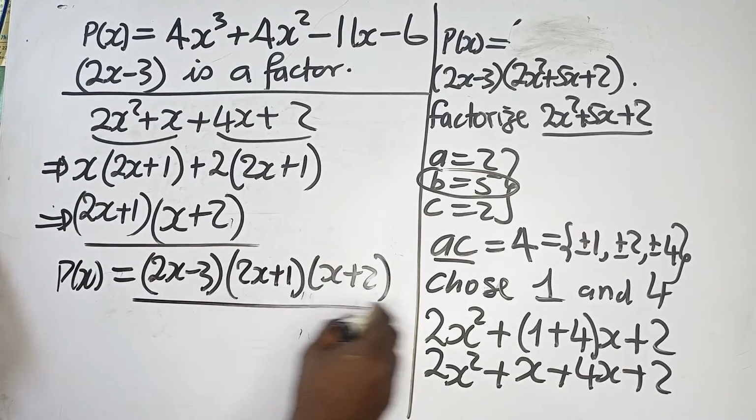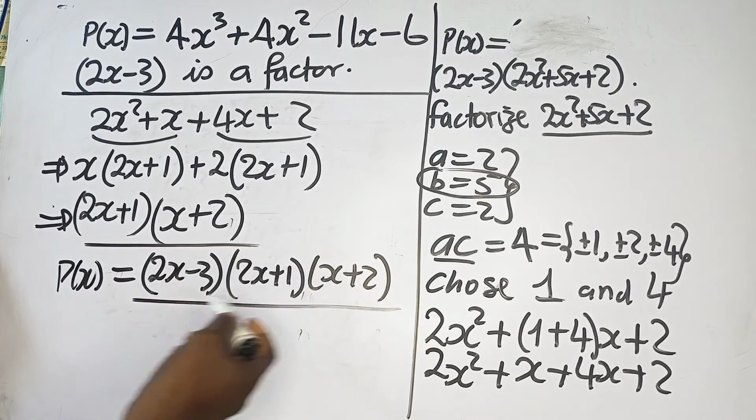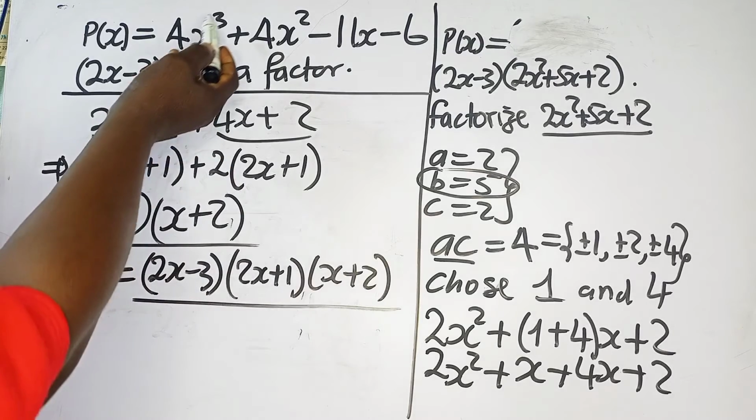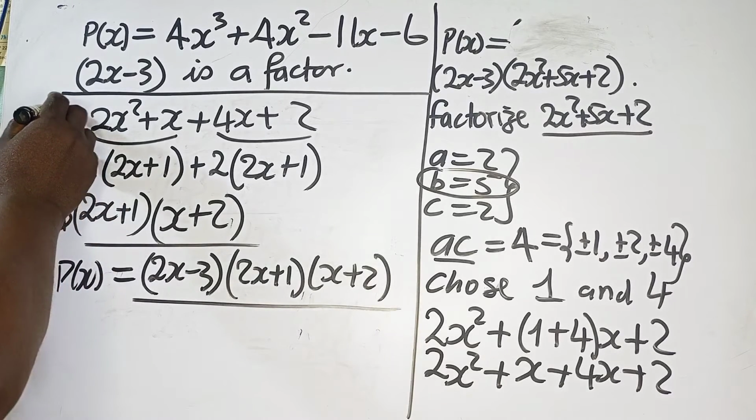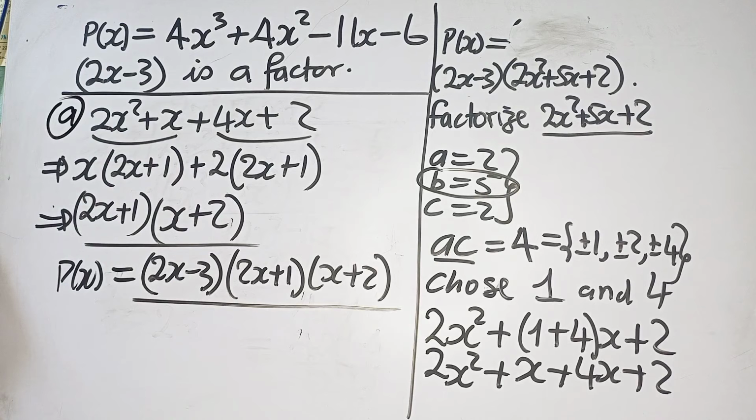So P of x can be expressed as product of its factors as such. We see we have 1, 2, 3, confirming that when a polynomial is of degree 3 and we want to factorize it, we are expected to have 3 factors. These are the 3 factors of the polynomial P of x. So we have done the first part of our question, which is factorization. The first part A, it asks us to factorize P of x completely.